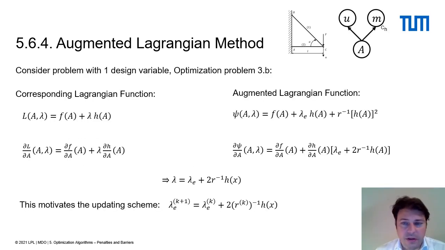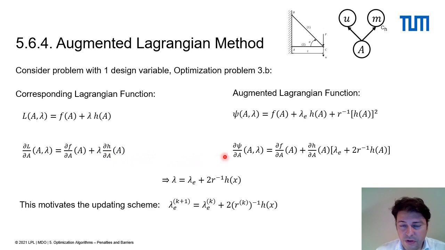Let me show you with this one-dimensional example how Lagrange multipliers can be updated. On the left-hand side, you see the Lagrangian function of the optimization problem with an equality constraint, and on the right-hand side, you see our augmented Lagrangian function with a penalty term. And the optimality conditions tell you that this here should evaluate as 0.